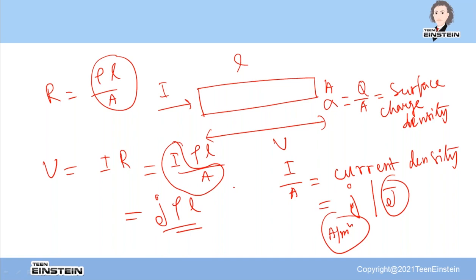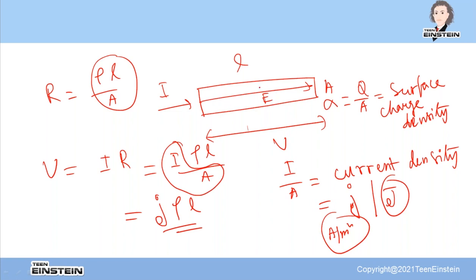Now suppose the electric field across this is E. What is the potential difference in terms of the electric field?